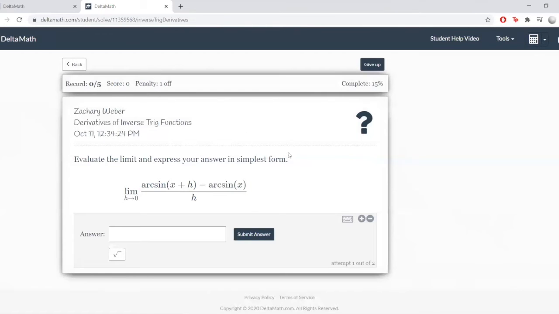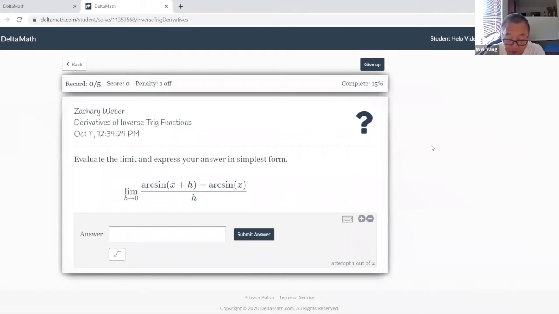Trig function, something like this. Okay, this one, they ask you to give this answer. Actually, here they use the difference quotient to approximate the derivative of this function, right?